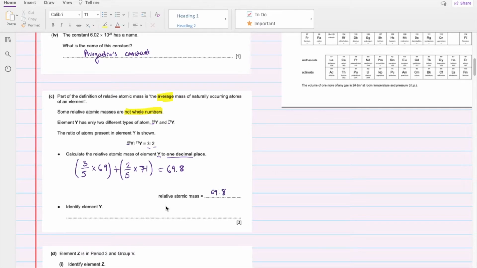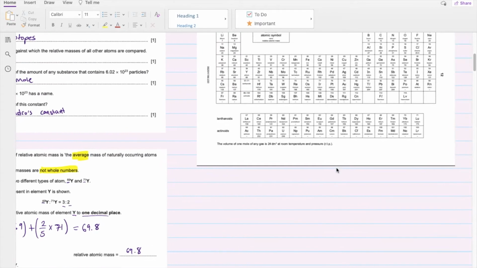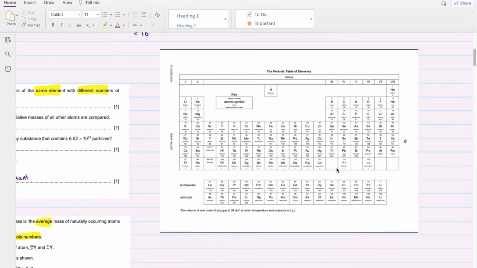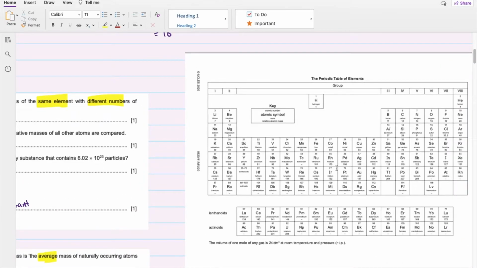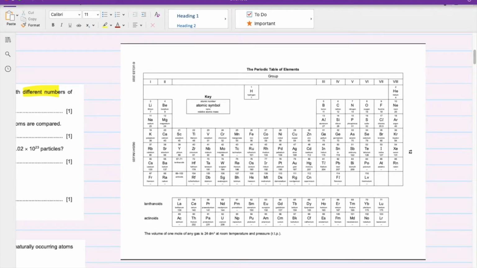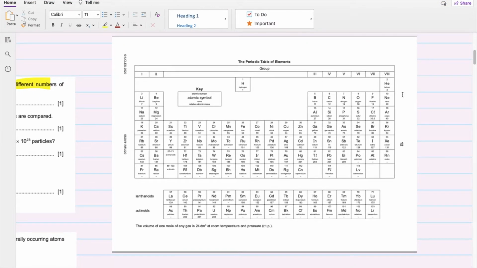Now we want to identify element Y. So we're going to go to the periodic table that you can find at the end of your past paper, and honestly you can remove it from the back and then restaple it afterwards, so then you don't have to constantly keep flipping. But yeah, let's see. Okay, so we're looking for 69.8.